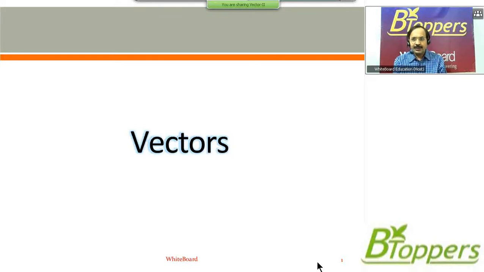So in this chapter, vectors, as you have already studied this topic by this time in your junior intermediate classes or 11th classes, even at school level, you might have heard the terms vectors and scalars. All the physical quantities which we discuss in mechanics and other topics, or rather most of the quantities, can be broadly classified into two types: scalar quantities and vector quantities.